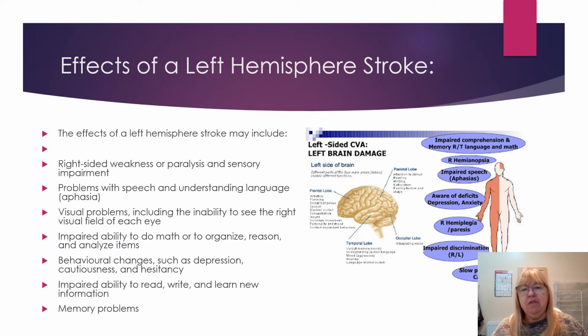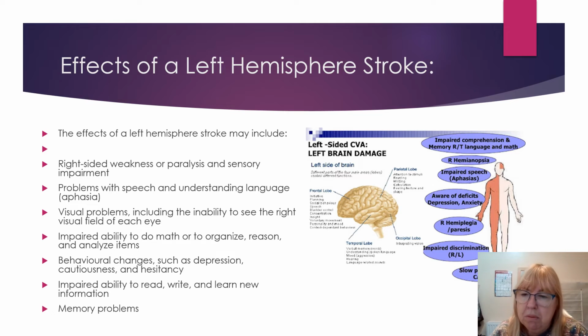Okay, so the effects of a left hemisphere stroke are similar, but there are differences. As you can see, the list is not quite as long and there are slight differences in it. So again, if there's a left hemisphere stroke, then the weakness will all be on the right side. So if someone suddenly can't move their arm and their leg and they've got paralysis down the right hand side, then you know the stroke has been in the left hemisphere.